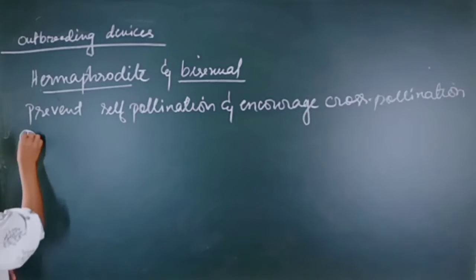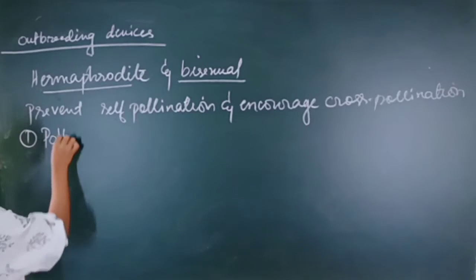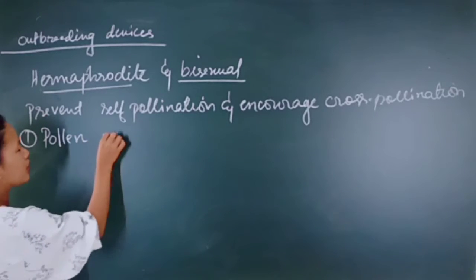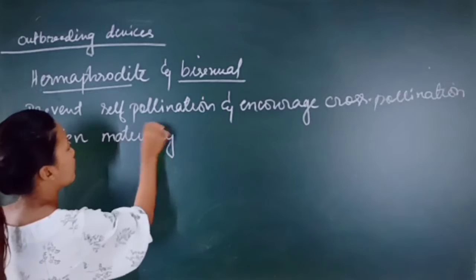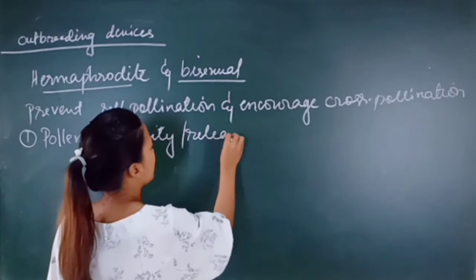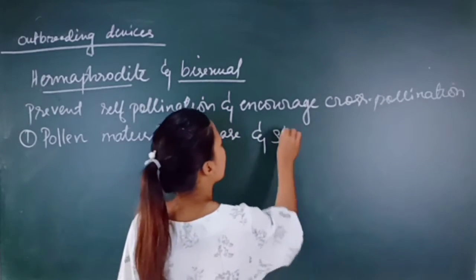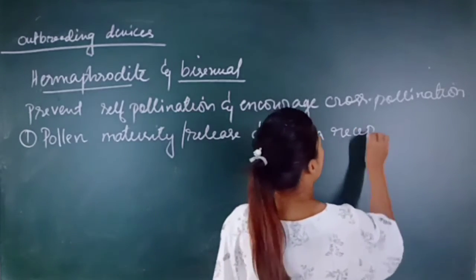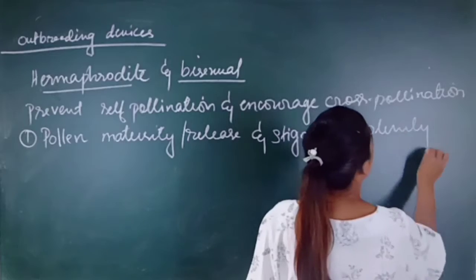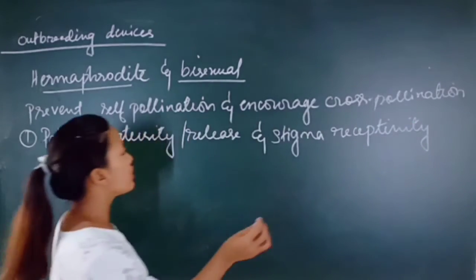The first one is that pollen maturity, or pollen release, and stigma receptivity are not synchronized.